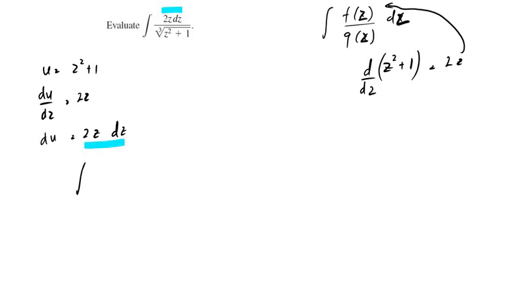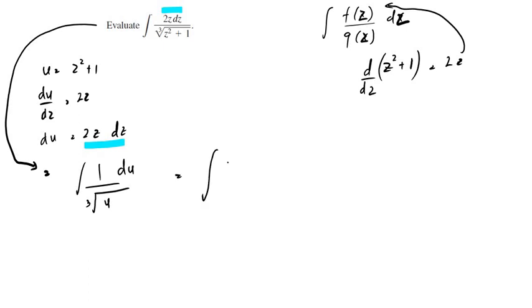So we take this here, right? So we have 2z dz is equal to du, and 1 over the cube root of u. So let's simplify this as u to the power minus 1/3 du.